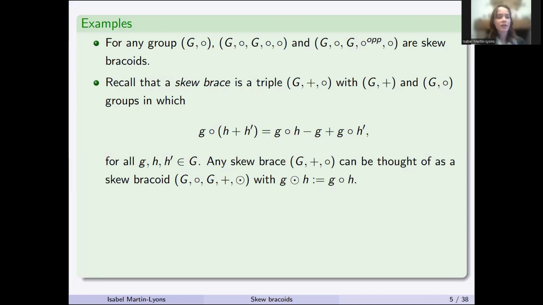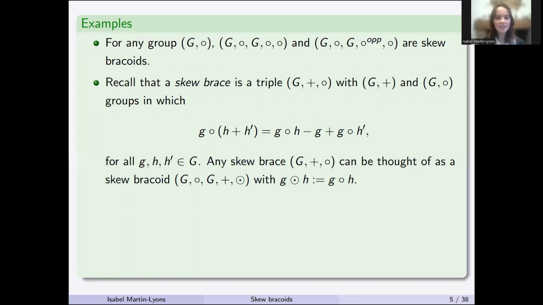If you take any group (G, ∘), then you have two skew bracoids for free: (G, ∘, G, ∘, ∘) and (G, ∘, G, ∘^op, ∘). So we have the ∘ acting as the multiplicative operation in both cases, the additive operation being ∘ again or ∘^op, and then the action as ∘.